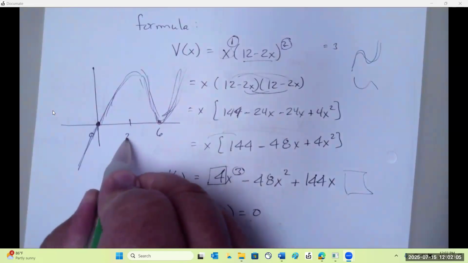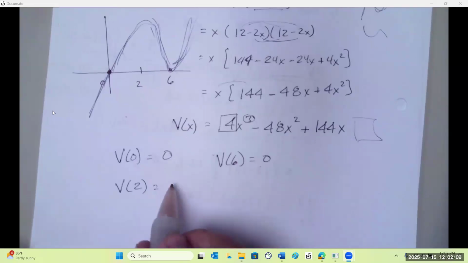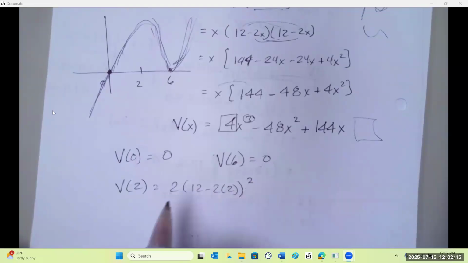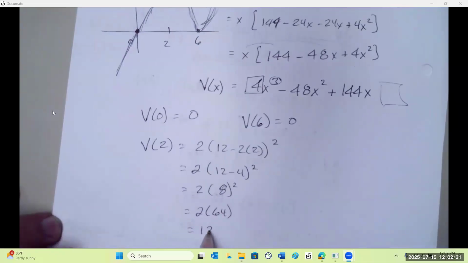And we're guessing that at V of 2, we'll have 2 times 12 minus 2 times 2 squared. 12 minus 4 squared. 12 minus 4 is 8. 2 times 64 is 128.